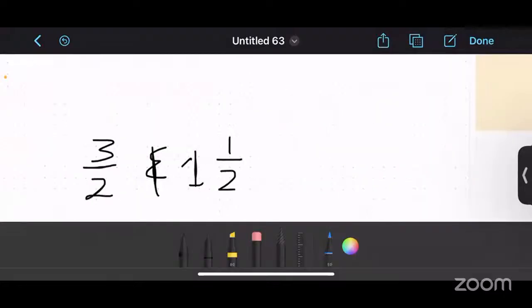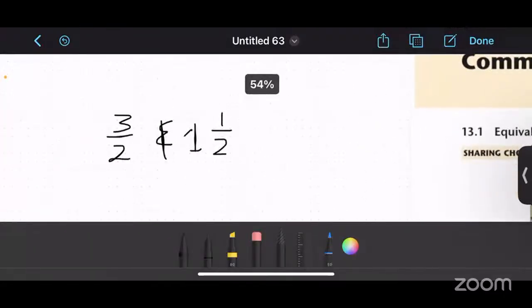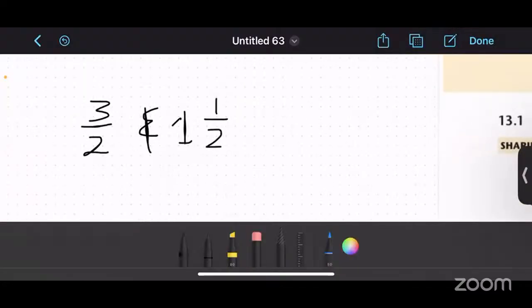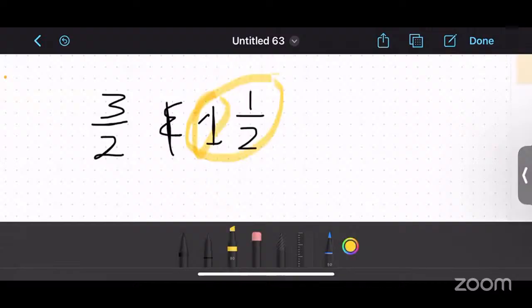But remember I said we have a fraction and we also have a mixed fraction. This over here is a mixed fraction: one, a whole number, and then there's a 1/2 on the side. You see, it's a mixture of the whole number and a fraction, right?